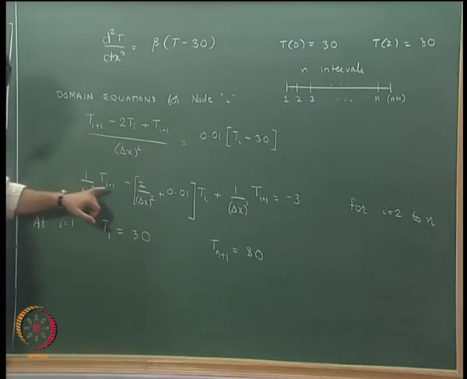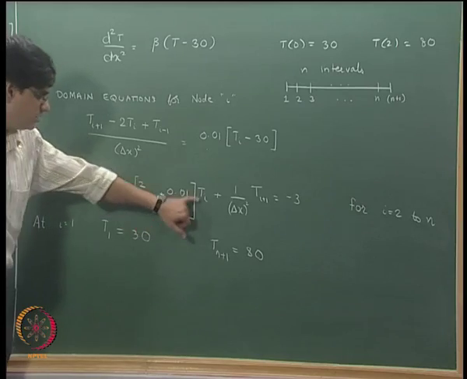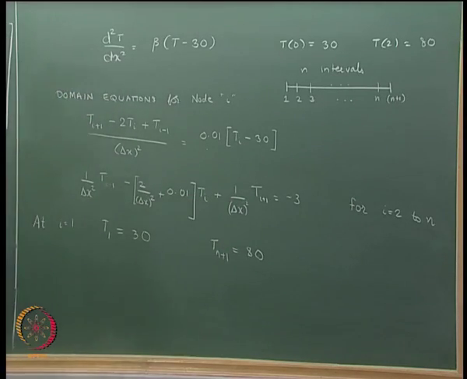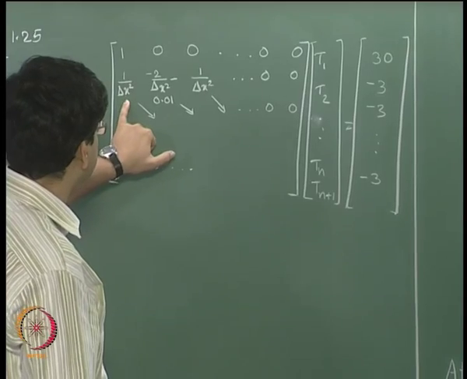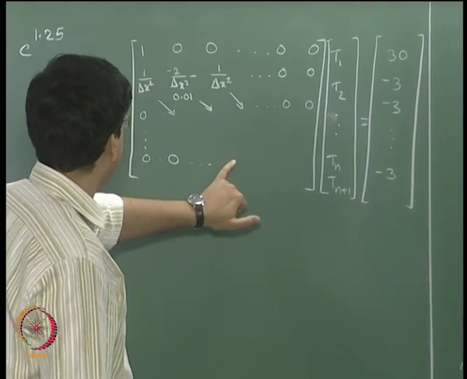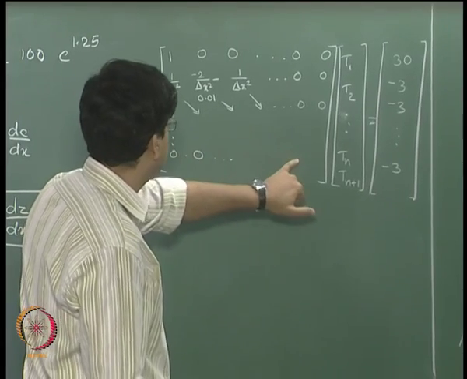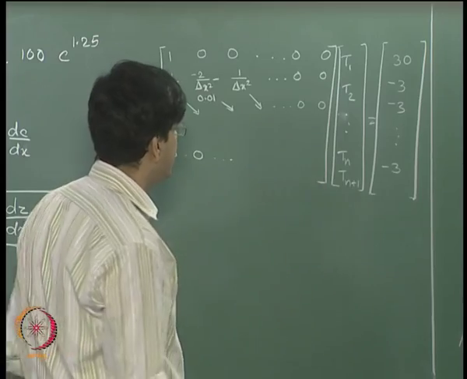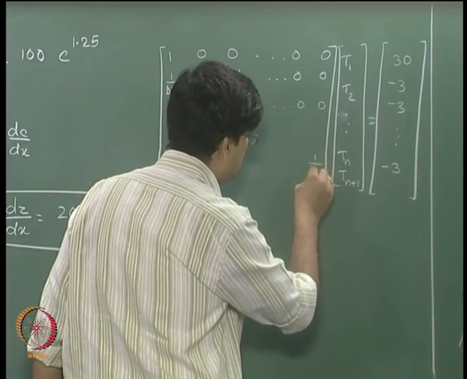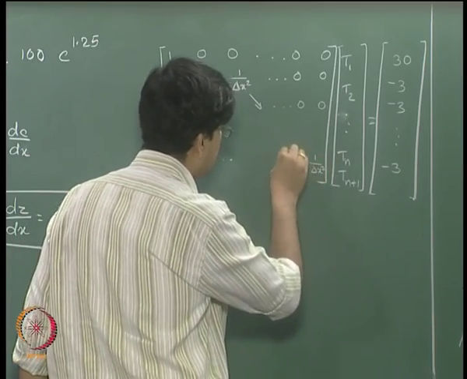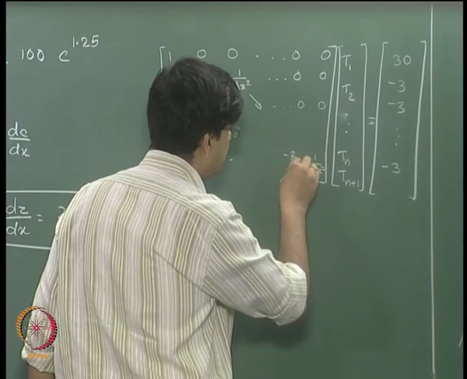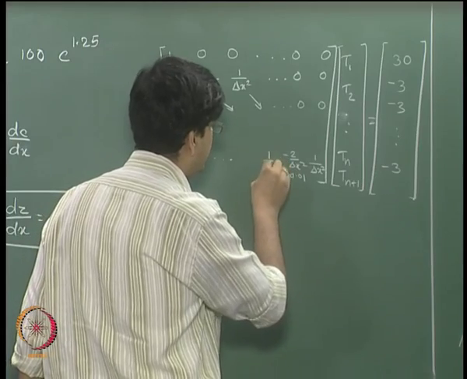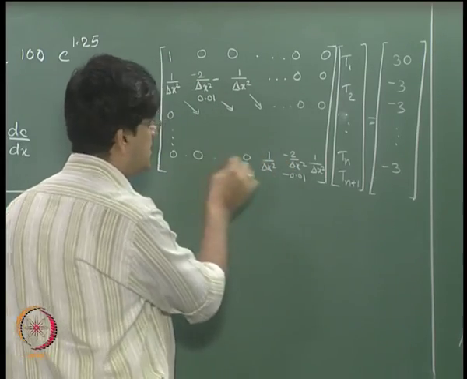If you notice, it is exactly the same term that is going to repeat: 1 by delta x squared, minus 2 by delta x squared minus 0.01, and 1 by delta x squared. So, I will just write the last two terms over here: minus 2 by delta x squared minus 0.01, and over here again we have 1 by delta x squared, and everything else is zeros.